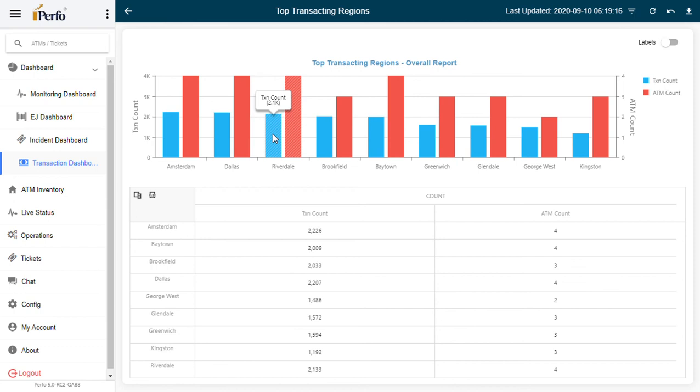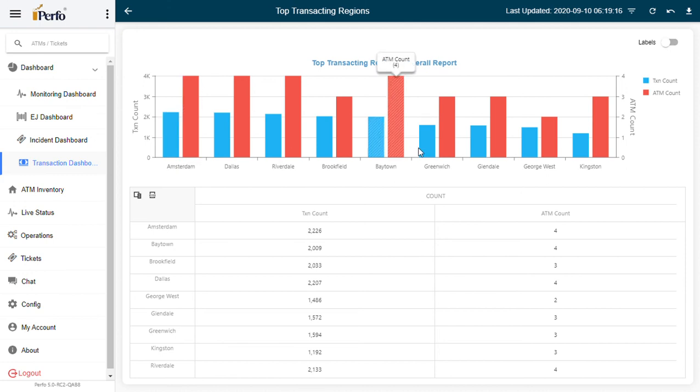Okay, with a greater volume of transactions happening in your network, the graphs will be able to clearly show you that there is some optimization in terms of relocation of ATMs that you could do, with respect to increasing your footfalls on the ATMs, and knowing that in this particular region more transactions are happening.